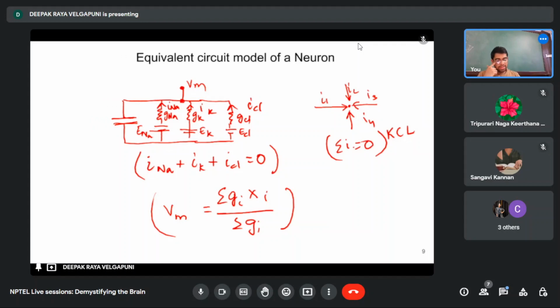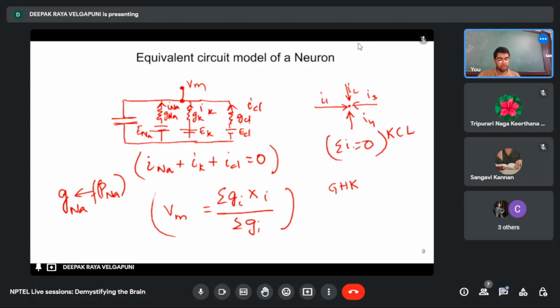This is actually similar to the GHK equation, just that that is more of a chemical gradient and permeability, and this conductance G depends on the permeability of that ion. So this conductance is a function of the permeability of that particular ion, and it's almost the same equation, just that we have an equivalent circuit model for a neuron in the resting state.